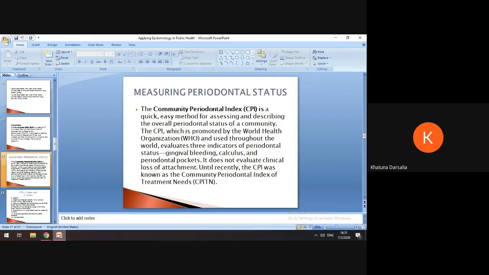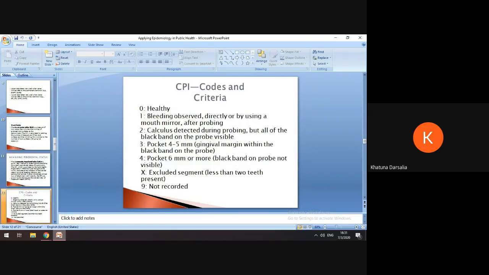So, CPI codes, you can see that it is the CPI codes and criteria. 0 is healthy. 1 means bleeding observed directly or by using a mouth mirror after probing. 2 is calculus detected during probing, but all of the black band on the probe is visible.